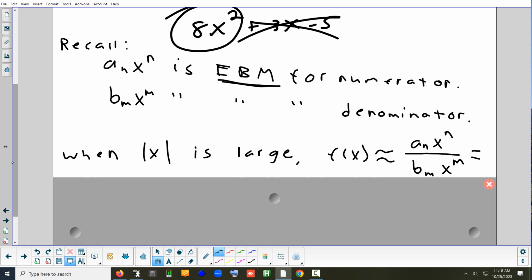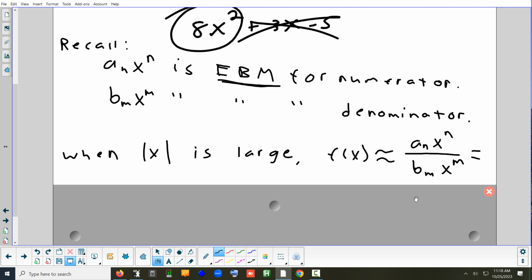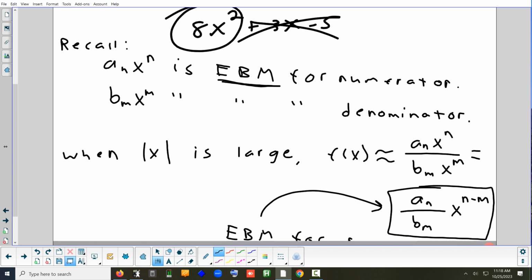All right, so this is the end behavior model for your rational function. Now, does anybody remember when you divide 2 things with the same base, what do you do with the exponents? Yeah, you subtract them. So essentially, it becomes x to the n minus m.